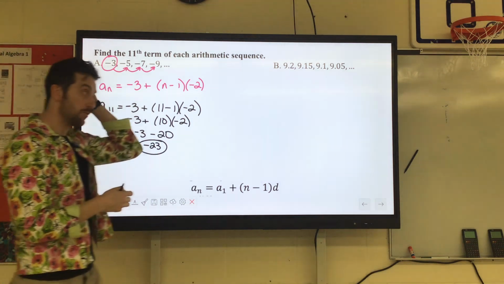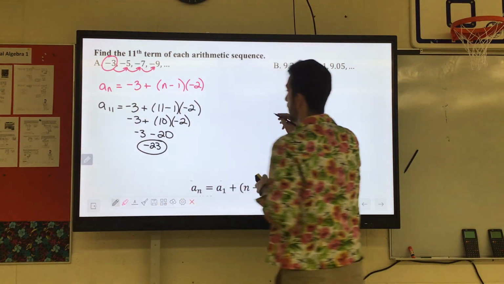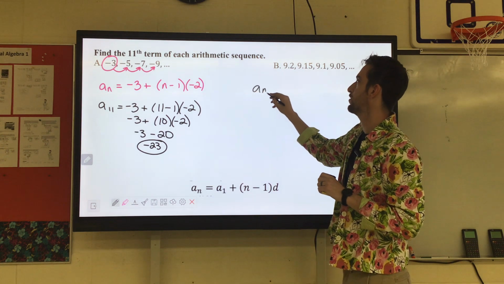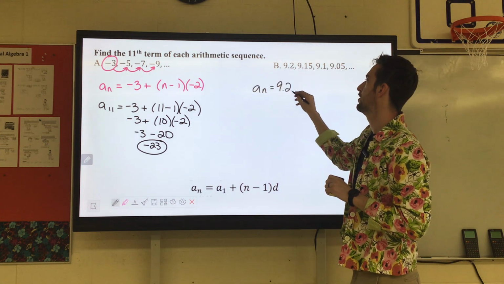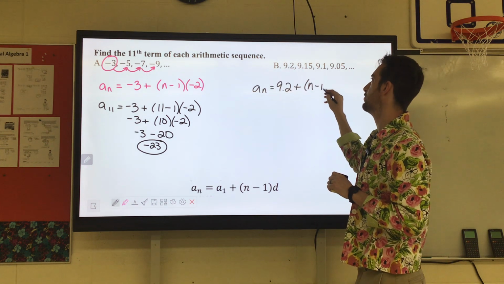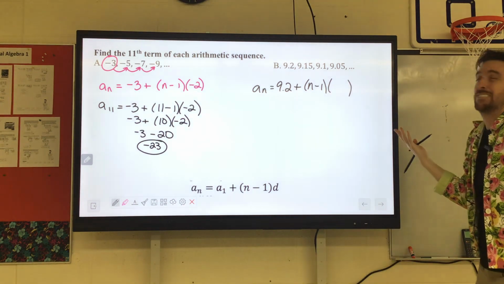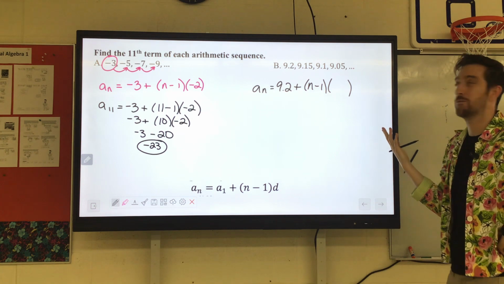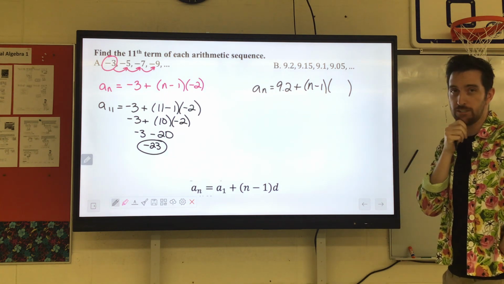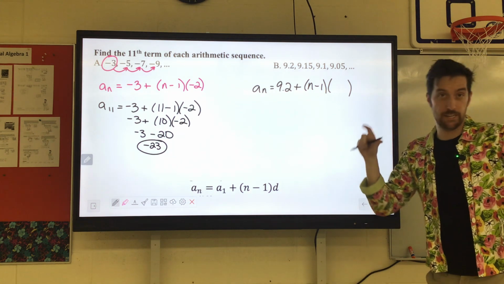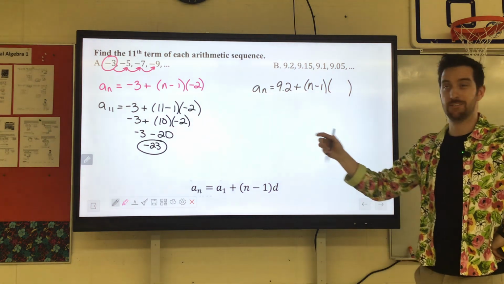So let's try the general rule for this one. A sub n equals our first term, 9.2, plus, it's always n minus 1, times our common difference. Now, that's kind of hard for me to see what we're adding, or in this case, subtracting each time. What you can always do is take any term and subtract the term right before it.